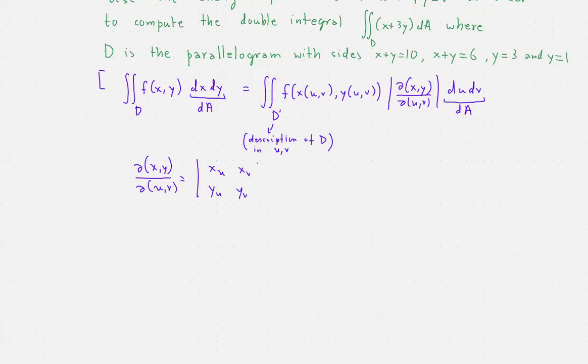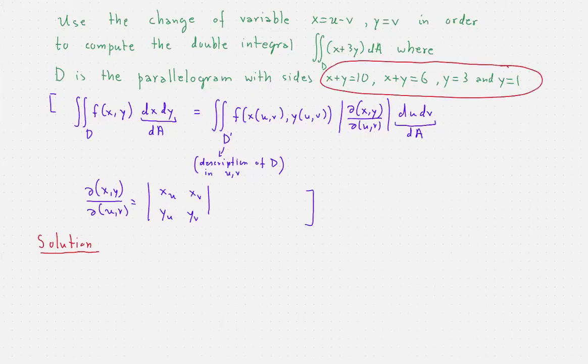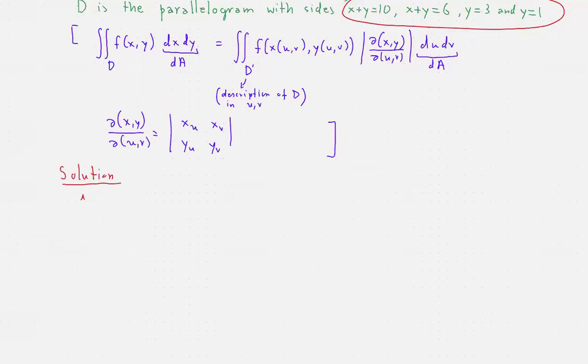And in our case, let's try to see how all these things are done. So basically, the idea is that we have to take the lines that define our parallelogram. By the way, let's try to sketch it so that we get a rough idea of what it looks like.